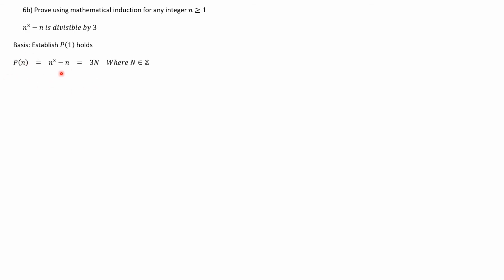So P of n is n cubed minus n, and that's just going to equal 3 times some integer. We're going to name this integer n, but it's going to equal 3 times some integer, because we know that any integer multiplied by 3 will be divisible by 3.